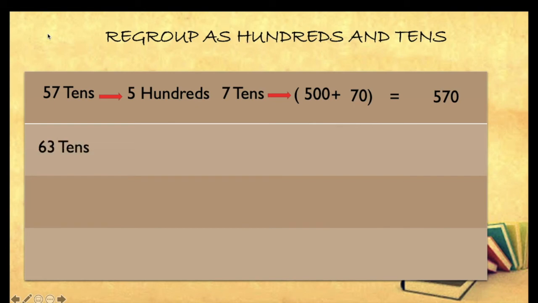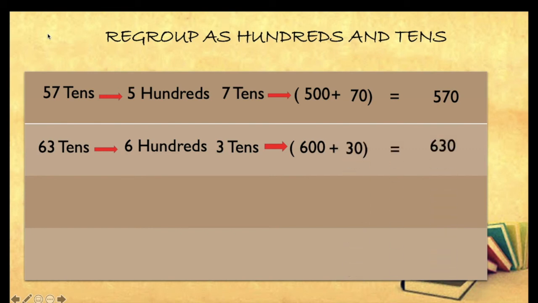In 63 tens, how many hundreds do we have? We have 6 hundreds and 3 tens. It can be written as 600 plus 30. Together it is 630.